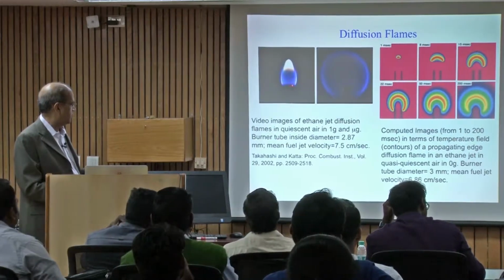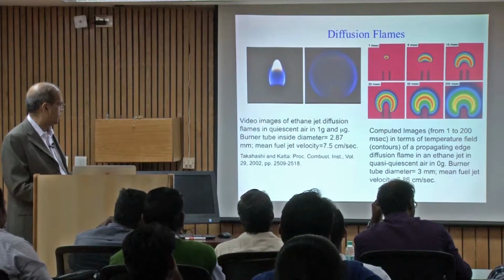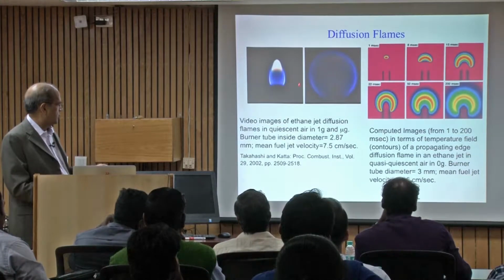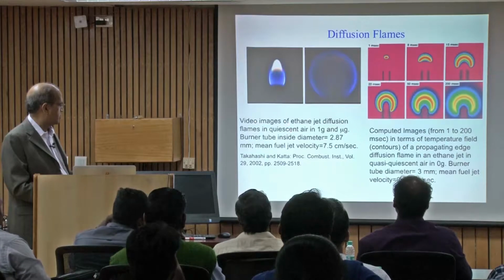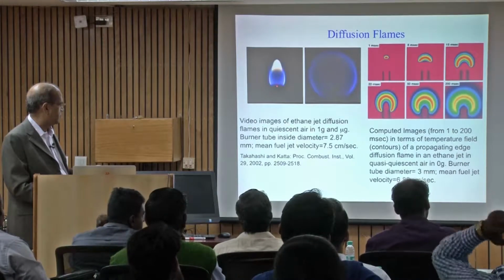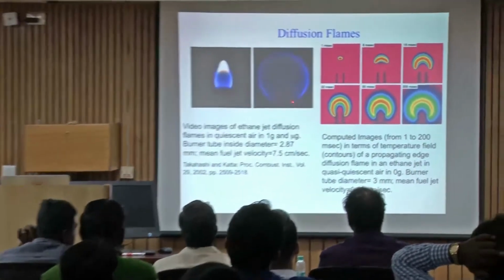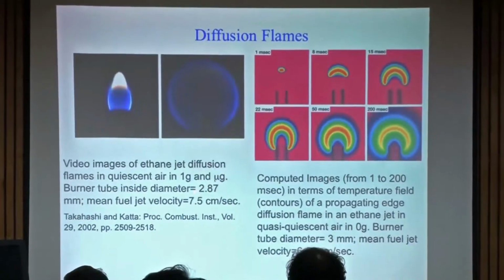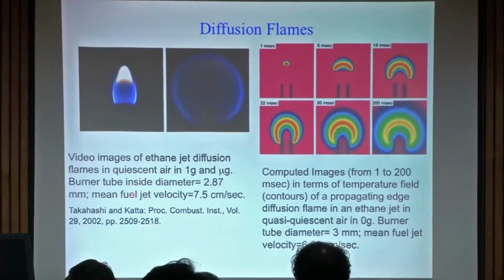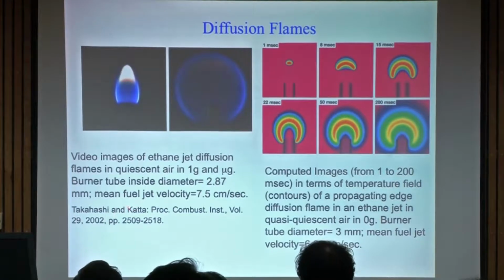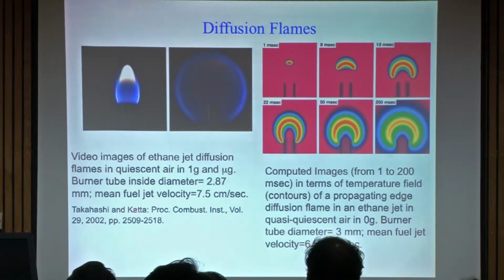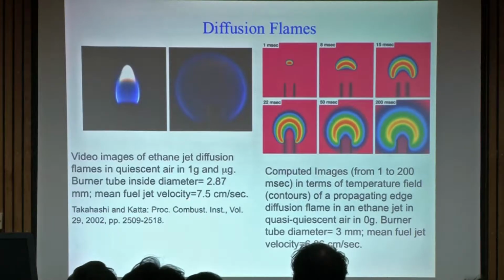This is in normal gravity, so this is an ethylene jet diffusion flame. The ambient is quiescent. This is at 1 G, normal G. Same image. The velocity here is, so this is taken from the paper of Takahashi and Katta, published in 2002.